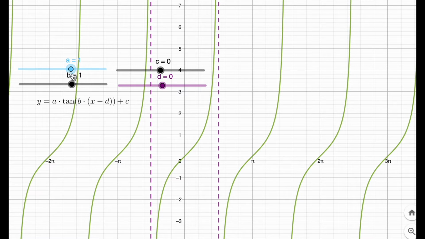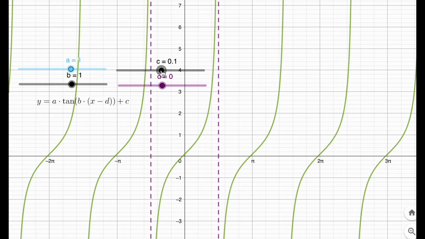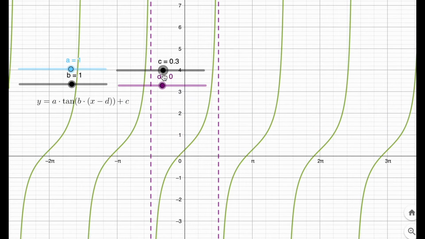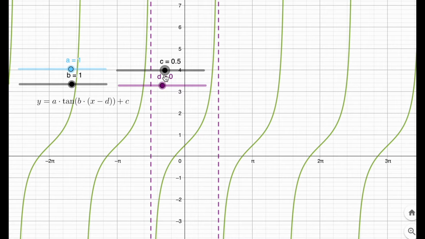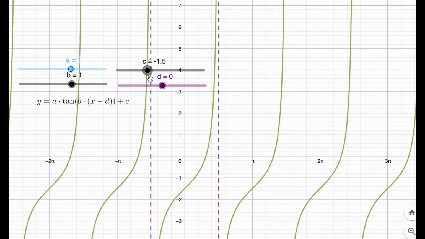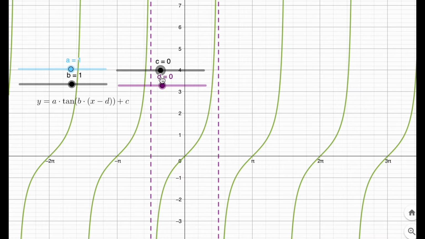So that one doesn't do a whole lot. Moving it up and down looks like it does, because it makes it look like there's a wiggle in it, but really what's happening is this point where it crosses the y-axis just moves up and down. But really it's the same graph over and over. So that's what that one does.